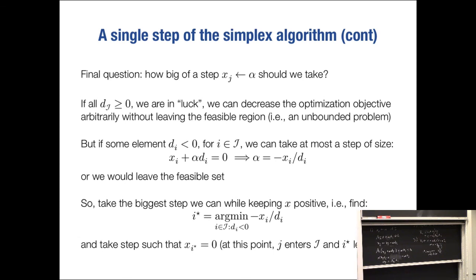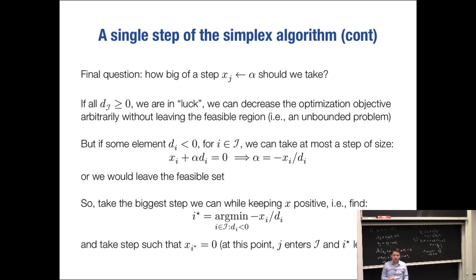I can't go any bigger than this for x star, because then I'm no longer feasible. But if I go less than that, there's no advantage. I'm just not decreasing my function as much as I could. So there's no point. What I'm really doing is finding which coordinate, when I take that step, would hit 0 first.